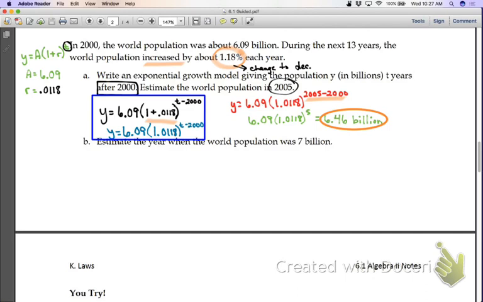Again, you know it's going to be more than 2005. Maybe you try 2010. Maybe 2010's a little too much. Maybe you try 2009. It's an estimate, so don't try every value. Work smart, not hard here.